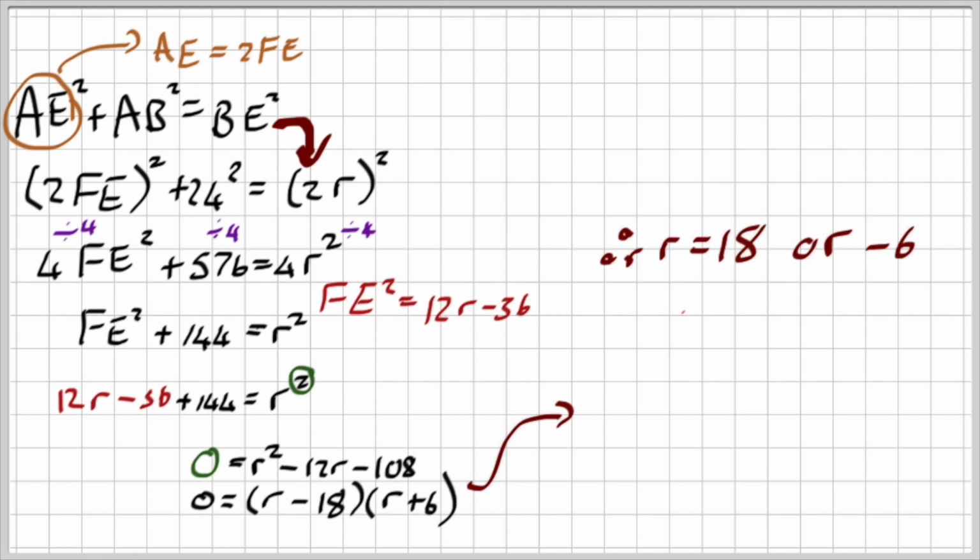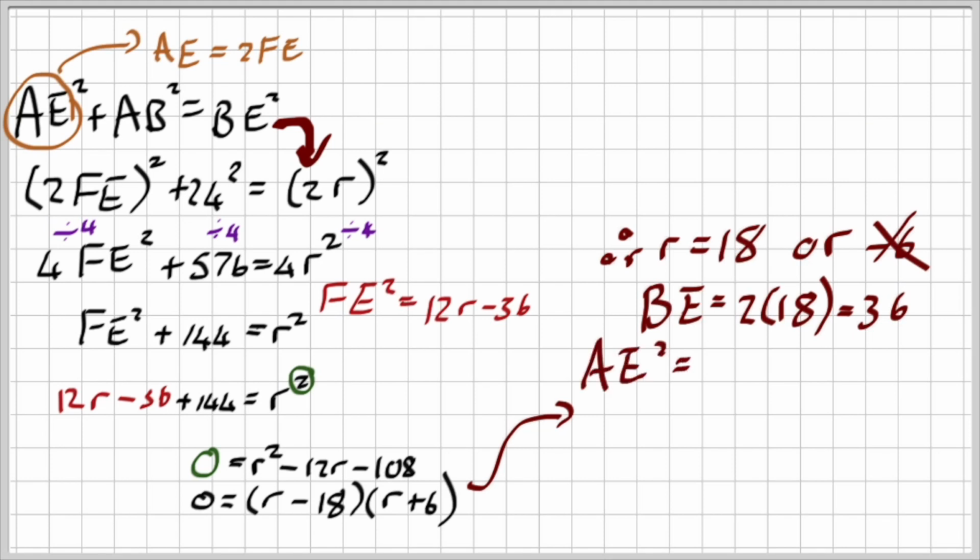Man, this is fantastic. But I'm starting to doubt at this moment whether I went the right way, because remember, this is only worth 5 marks. But I've got R. That is fantastic, because if I've got R, I can find BE, which is 36. So I can use Pythagoras because I've got AE.